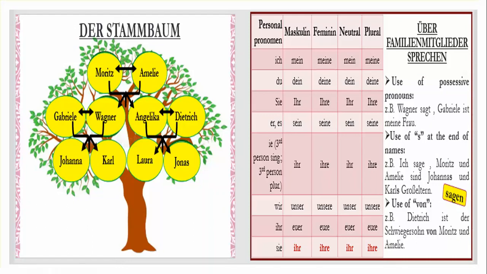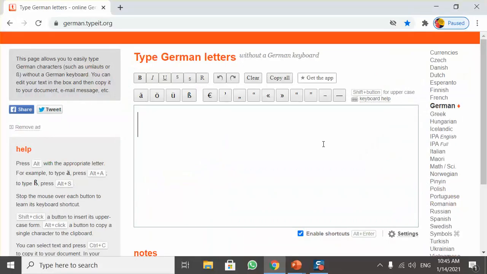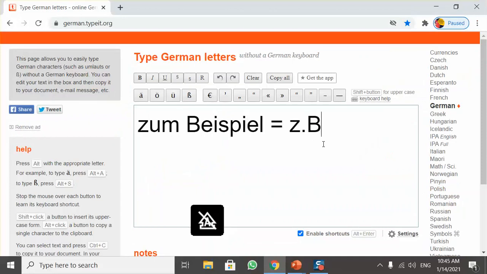So for example, zum Beispiel in German is written like this and shortened to the two alphabets Z and B in the German language.